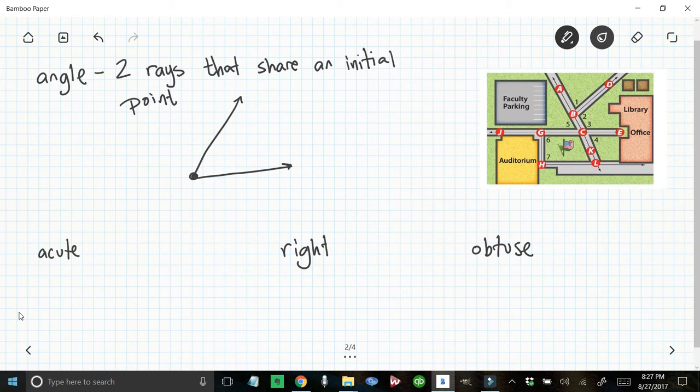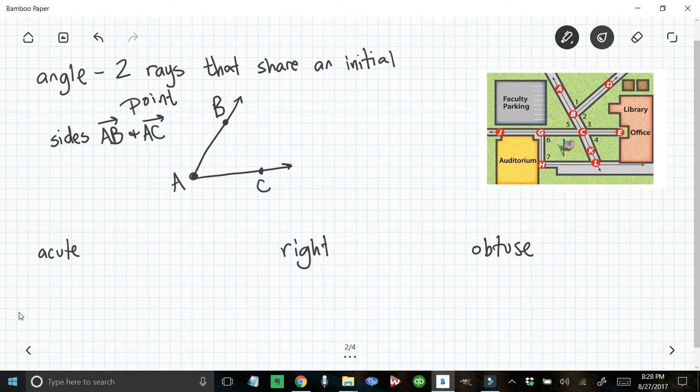So this entire thing is an angle. And if I label these rays, let's call this one AB, and this right here is AC. Those are known as the sides of the angle. So the sides would be the two rays that connect at that initial point.